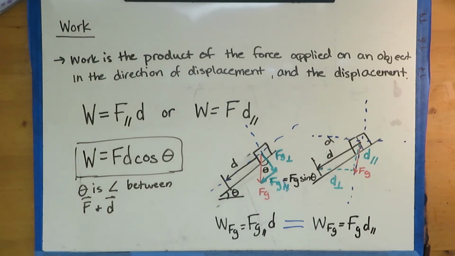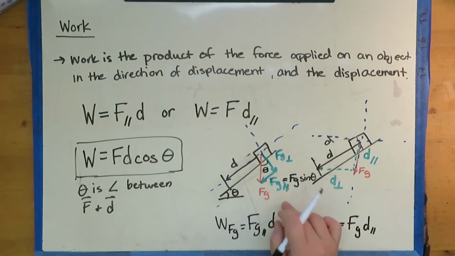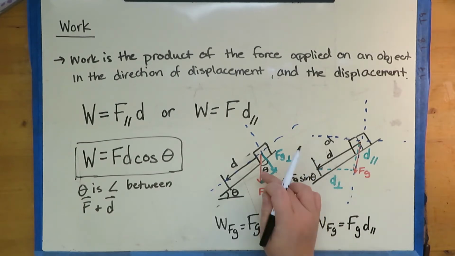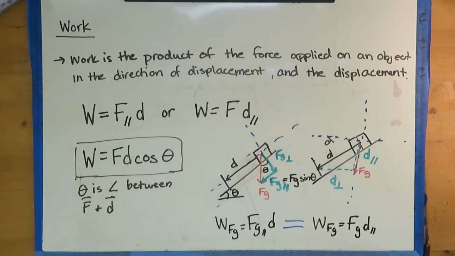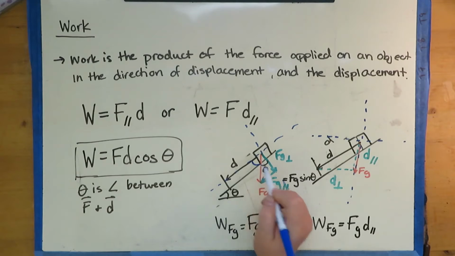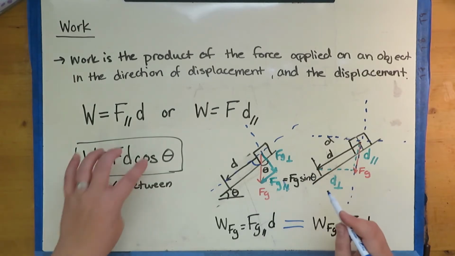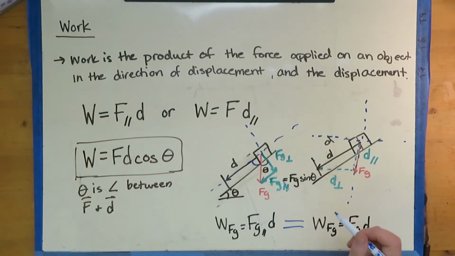And you're like, whoa, it's supposed to be a cosine theta here. Well, it's not in this case, because this angle theta is not the angle between FG and my displacement. That's actually this angle right here, which is a different angle.